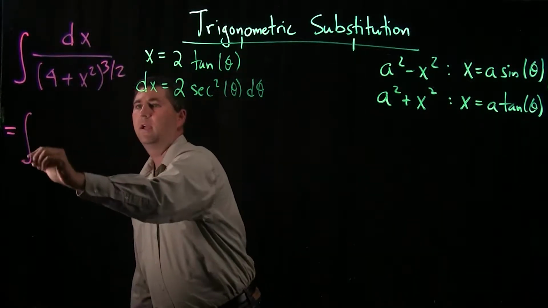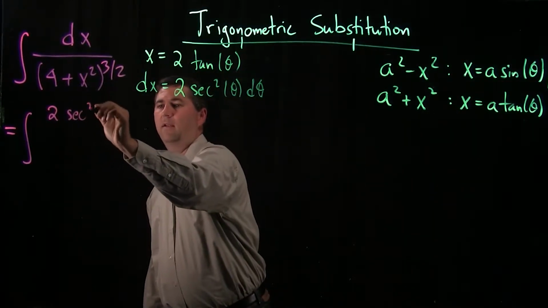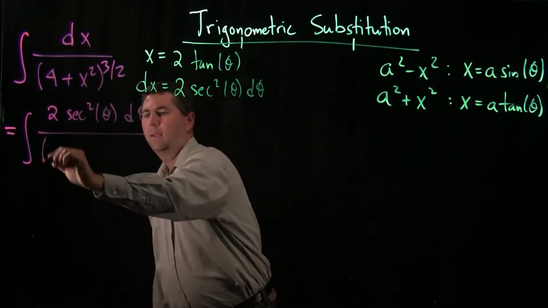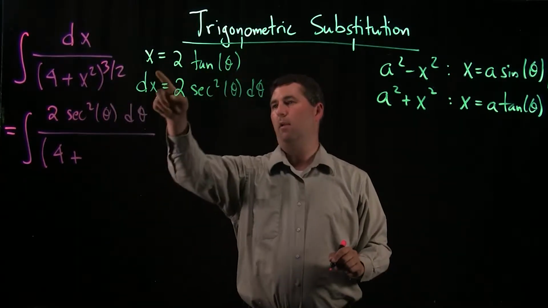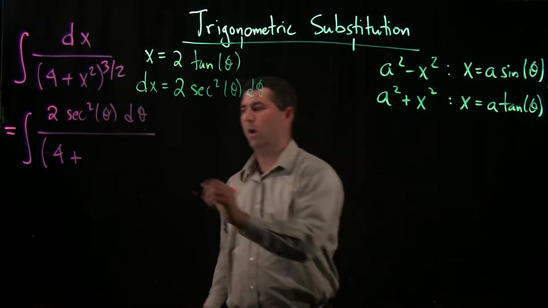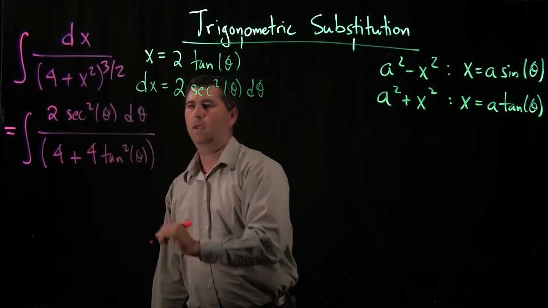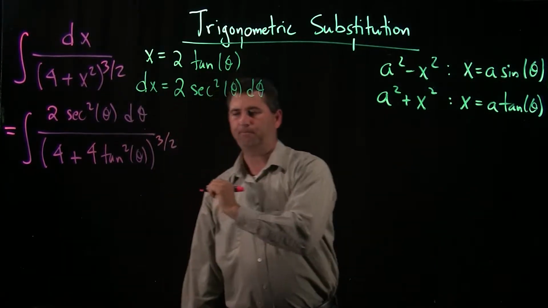First, my dx becomes 2 secant squared theta d theta divided by 4 plus x squared. So x was 2 tan of theta, so x squared is 4 tan squared theta. And of course we have to the 3/2 power still.